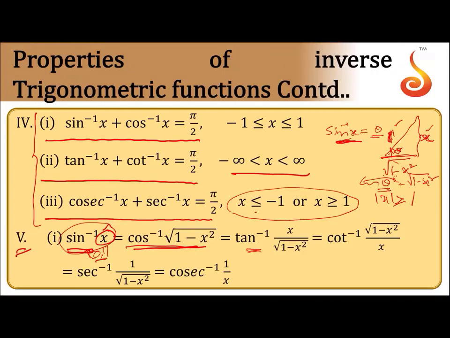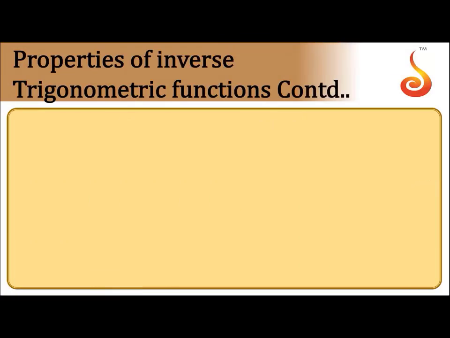In the same way, tan inverse can be written as x divided by root of 1 minus x square, or cot inverse of the reciprocal of this value. And secant inverse can be written as root of 1 minus x square divided by 1, and cosecant inverse of 1 by x.